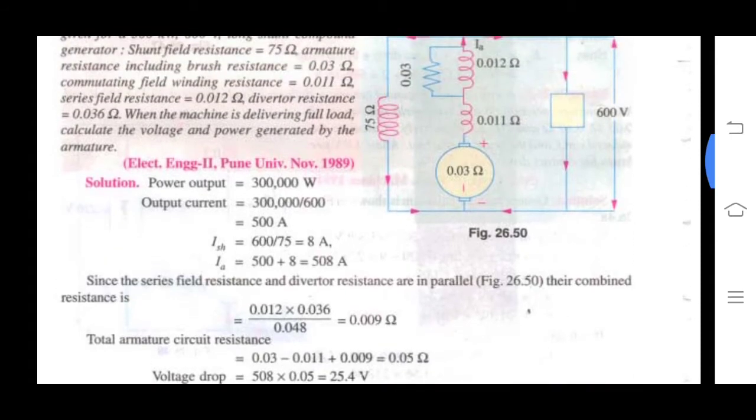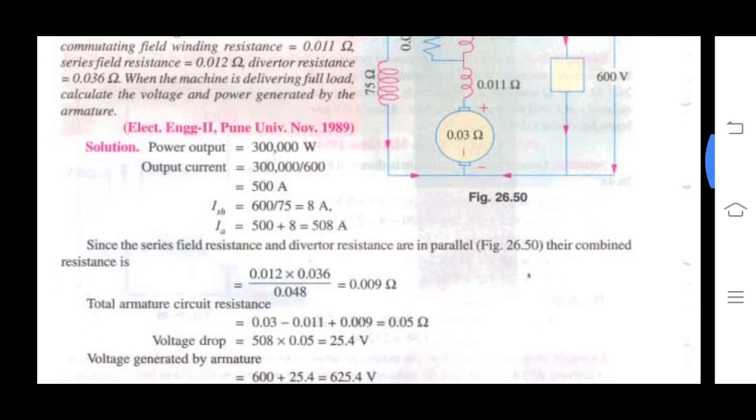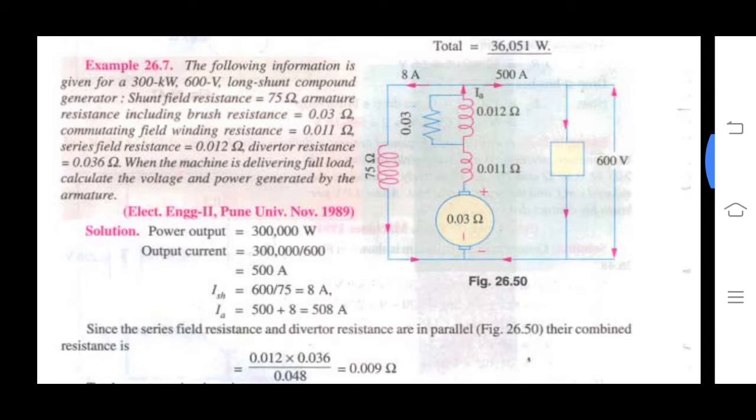So the shunt field current is load voltage by shunt field resistance, that equals 8 amps, and IA is equal to IL plus ISH. IL, the load current value, is 500.